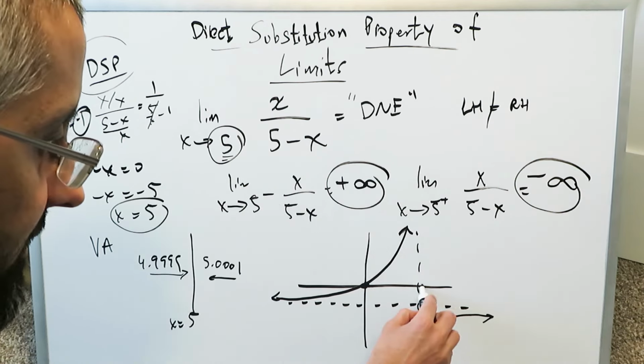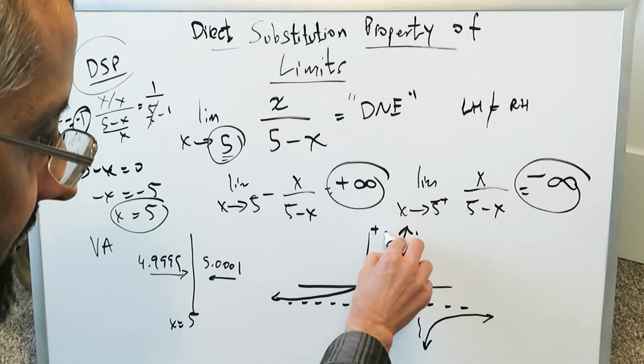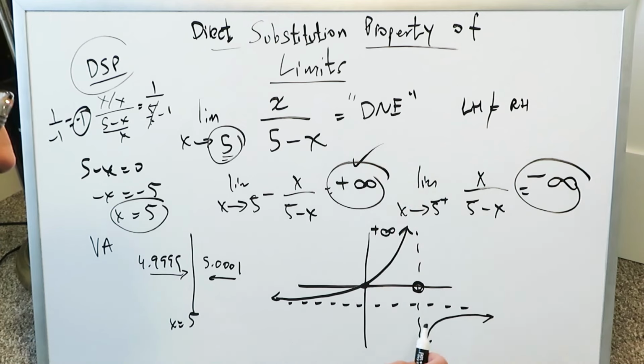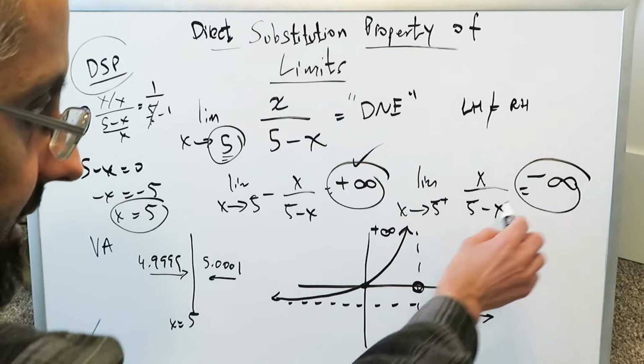Limit as x approaches this value here of 5, which is a vertical asymptote: from the left side, it's going towards positive infinity, and that's exactly what we have, so we're right. Limit as x approaches 5 from the right, it's going down towards minus infinity, and that's exactly what we have, and it's right.